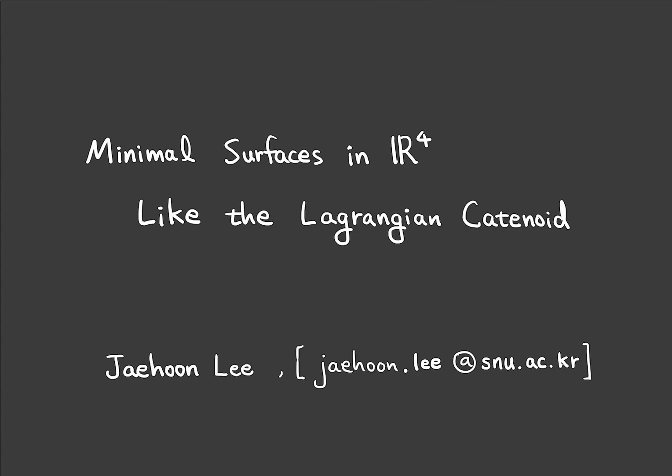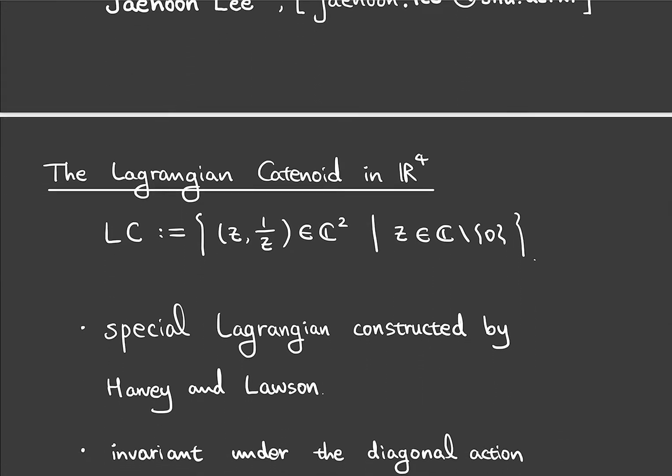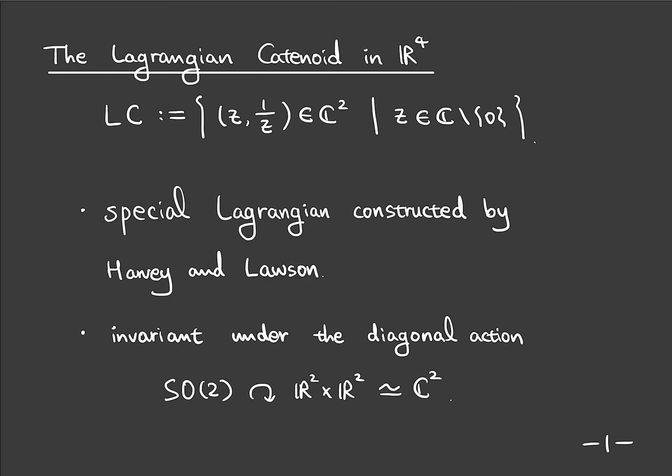Okay, then let me start with the Lagrangian catenoid. The Lagrangian catenoid in R4 can be identified with the following set. It is given by the graph of a holomorphic function 1 over z.